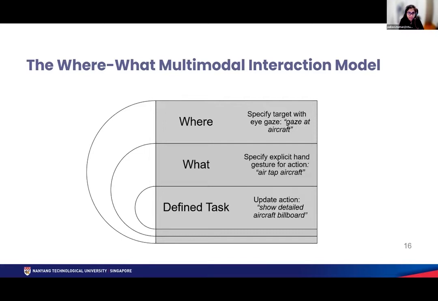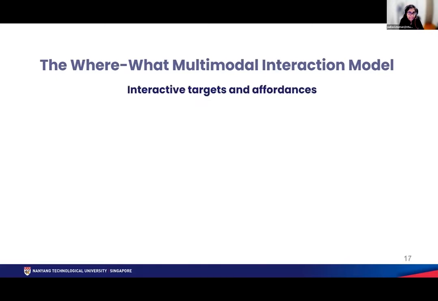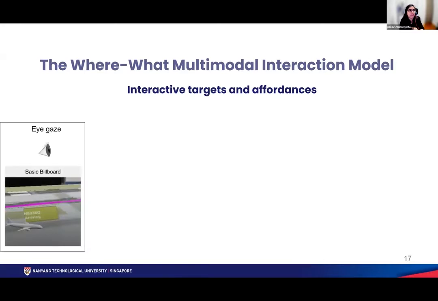So this is an example of what our interactions look like and the affordances of our system that I will show shortly. This model was mapped to various interactive targets in our system: aircraft, runway, and gates. So controllers can use a combination of eye gaze and hand gestures to perform various actions, like you will see now. So to view an aircraft's basic billboard, the controller needs to only look at a particular aircraft.